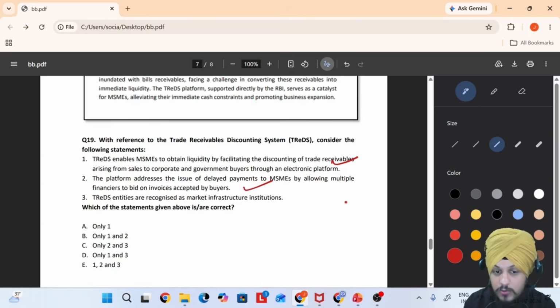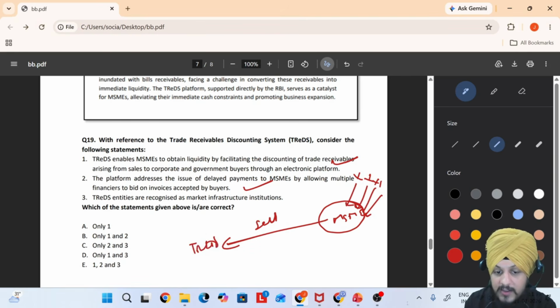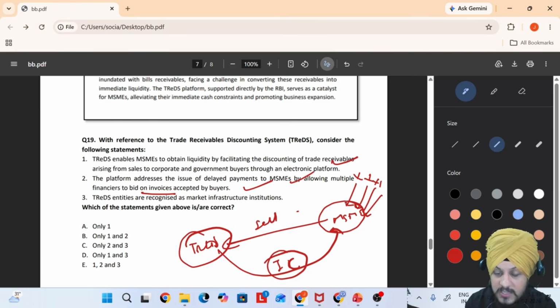This is also true because if a certain MSME has collected a lot of invoices and the payment has not been made yet, it can sell these invoices over the TReDS platform and avail the immediate cash that it is looking for. Multiple financiers bid on invoices, purchase your invoices, and make you the payments.